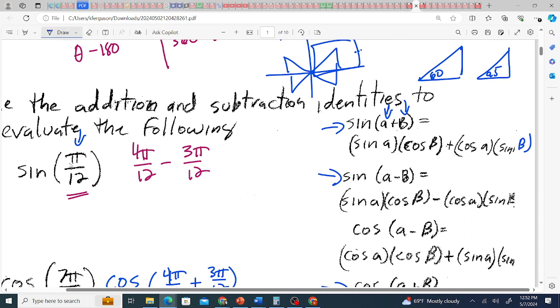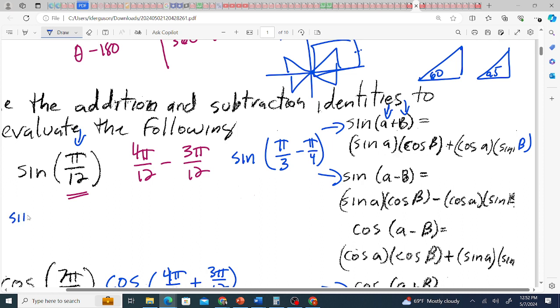So what I'm looking for right here is sine of pi over 3 minus pi over 4. So I just plug and chug in there.